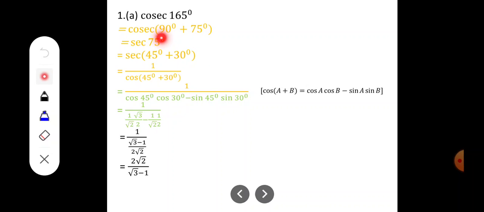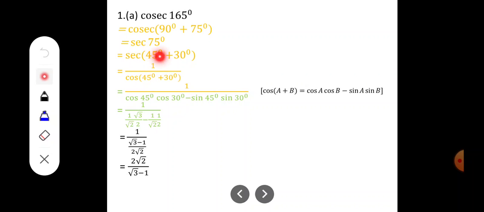In 90 degree, 1 times 90 degree, 1 is an odd number, so cosec will be sec, and this is the second quadrant, where sin and cosec are positive, so here will be plus. Finally we get sec 75 degree, and 75 degree we can write as 45 degree plus 30 degree.